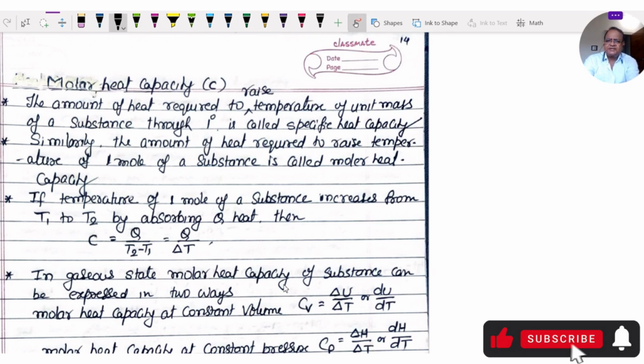Similarly, if instead of unit mass we take 1 mole, the amount of heat required to raise the temperature of 1 mole of a substance through 1 degree is called molar heat capacity.